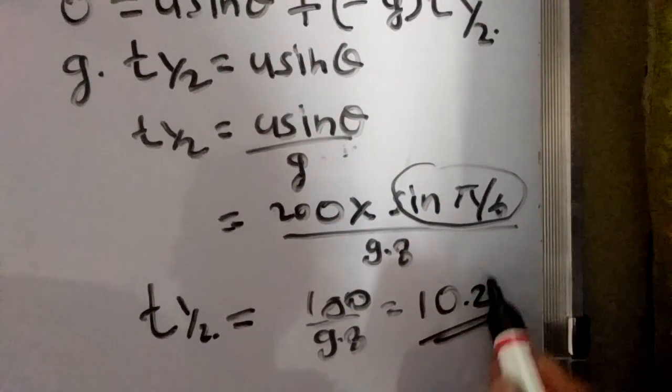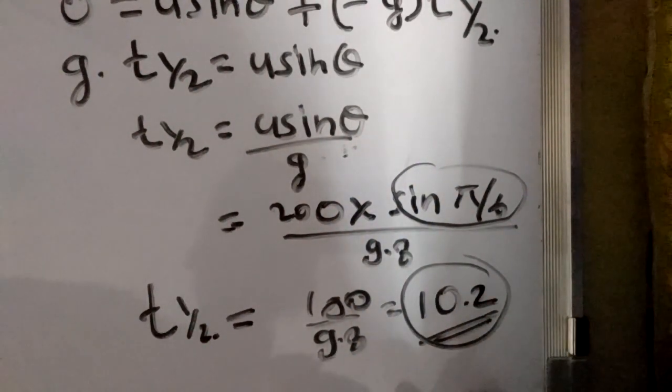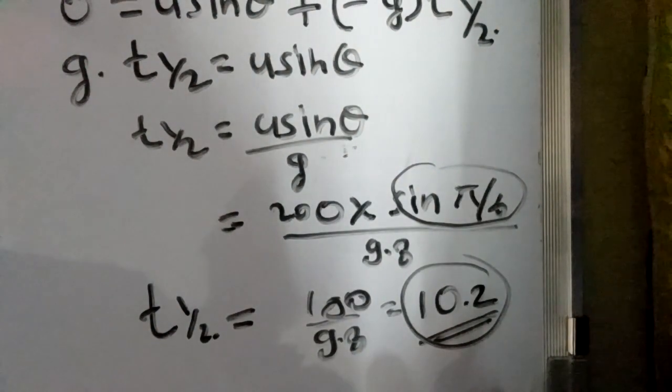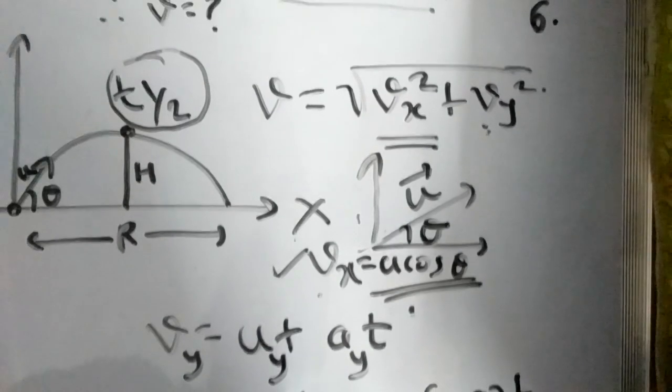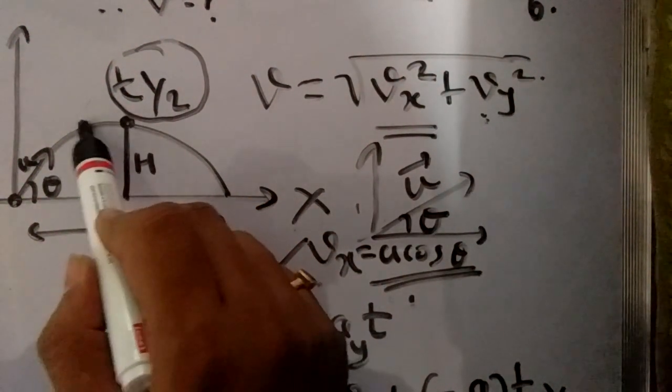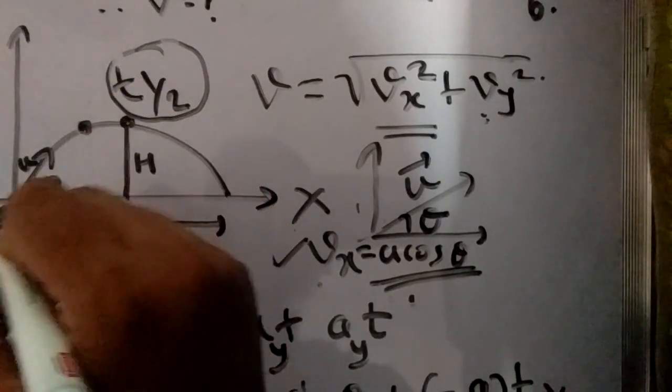Now t half is 10.2 second, but in our question we have t equal to 10 second. So t is 10 second, t half is 10.2. It means that t half is more than t. So t will lie somewhere here. This will be the region of that mass, somewhere in this interval.